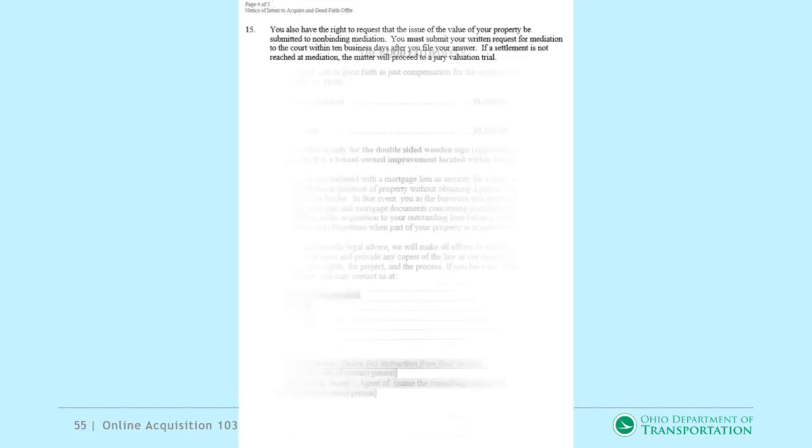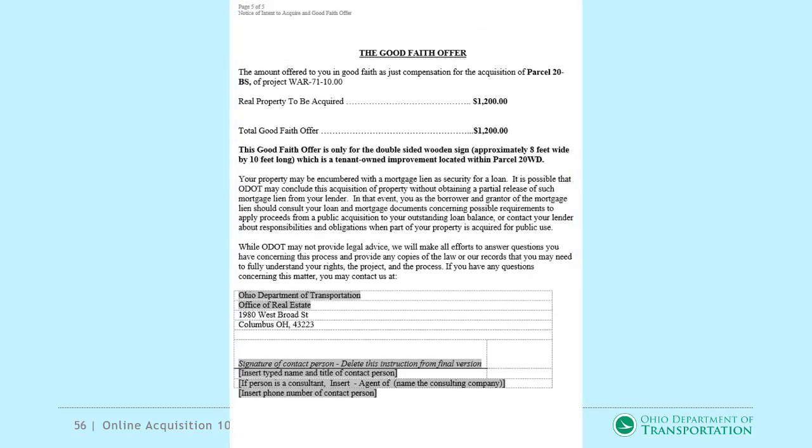And then finally over to the good faith offer, where he is offered $1,200, which is the contributory value of the sign. And notice that we do say in this contributory value that the good faith offer is only for the double wide wooden sign, approximately 8 feet wide by 10 feet long, which is the tenant-owned improvement located within parcel 20WD.